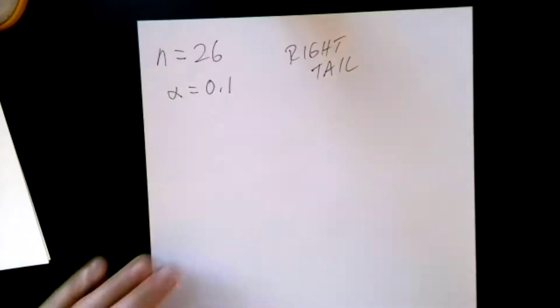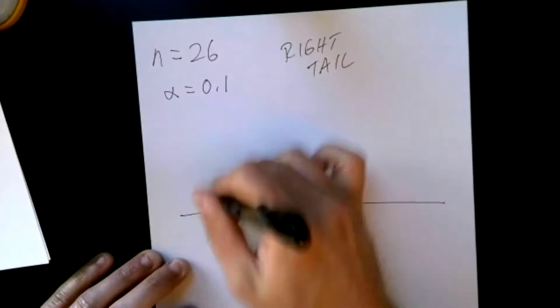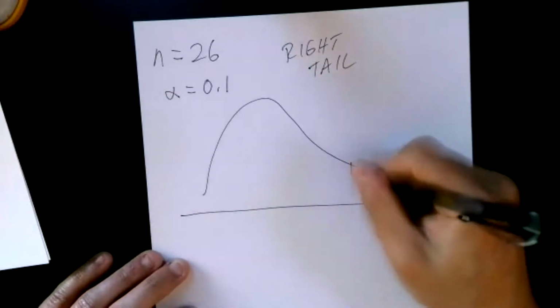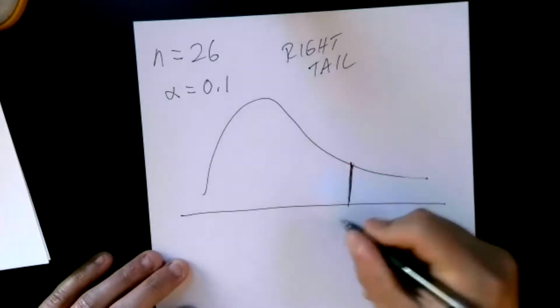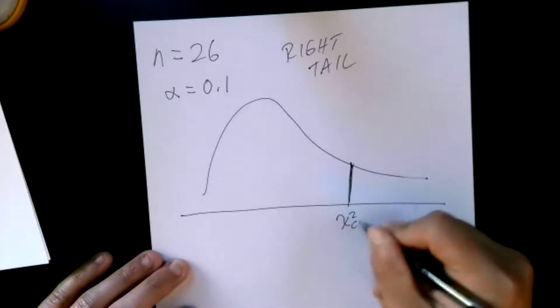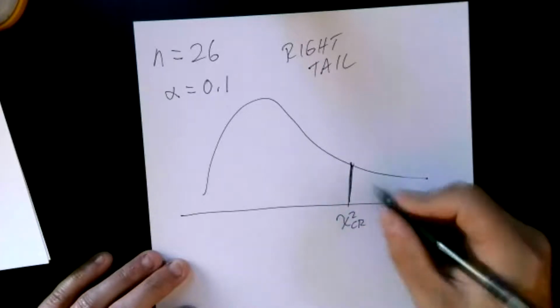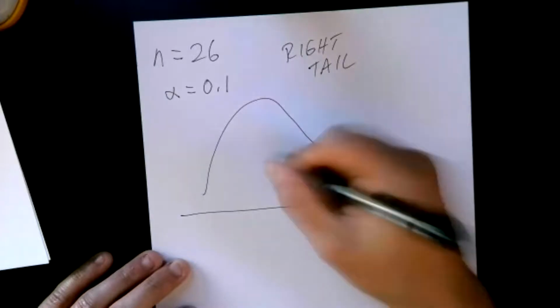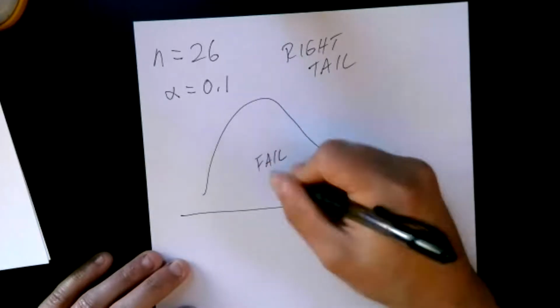As usual, draw your picture. This is a right-tailed test, so we'll be over here somewhere. We're looking for the chi-square critical value that separates reject from fail to reject.